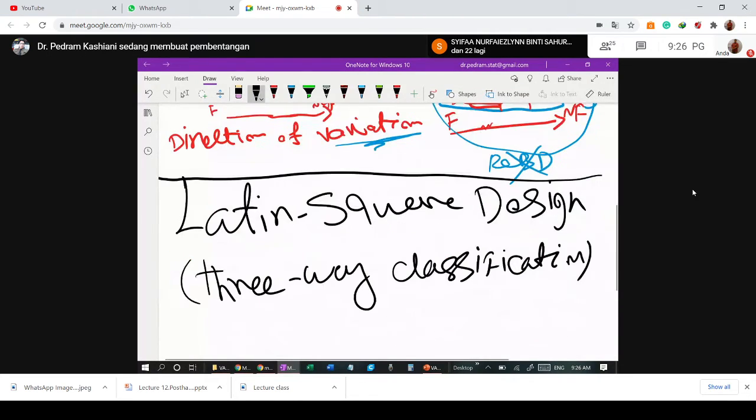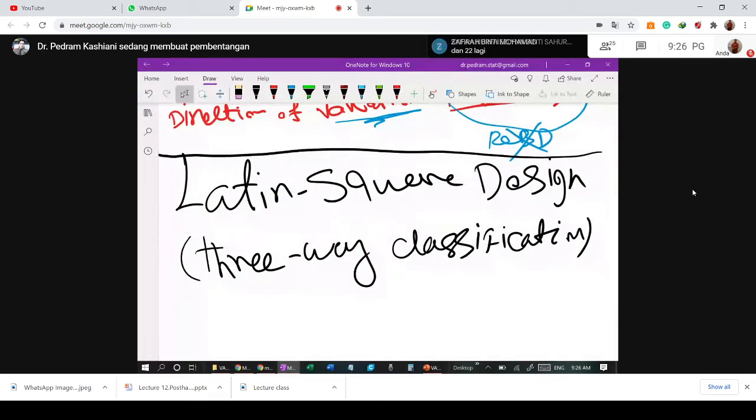Maybe you say, okay, this very seldom happens. Yes, maybe this situation seldom happens for you. But for people who do experiments in greenhouses, this situation can happen very often, because in greenhouses the light may be different from one direction to another. Temperature too: near the air conditioner is cooler than far from it.